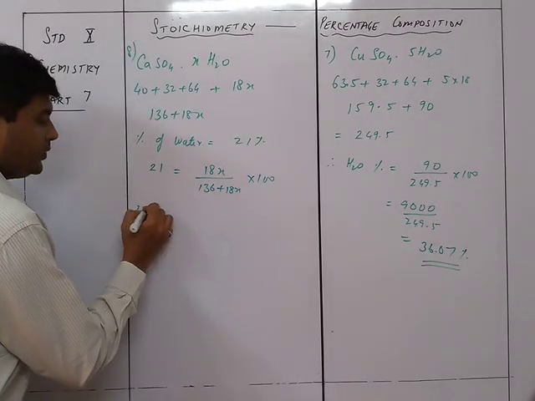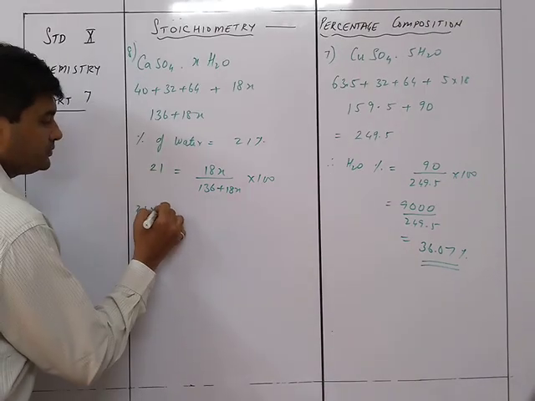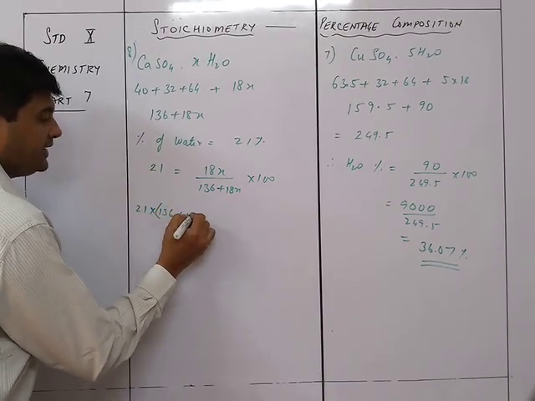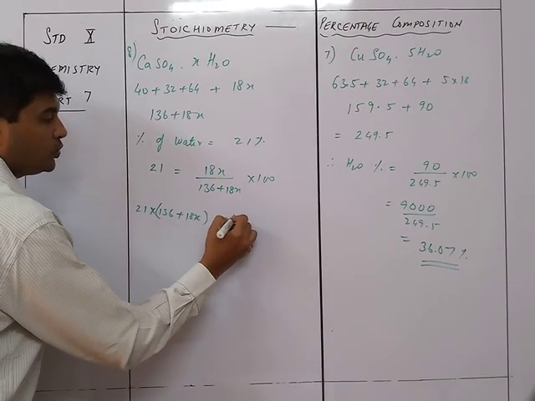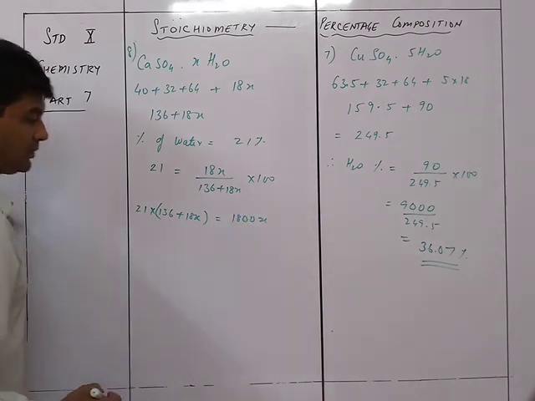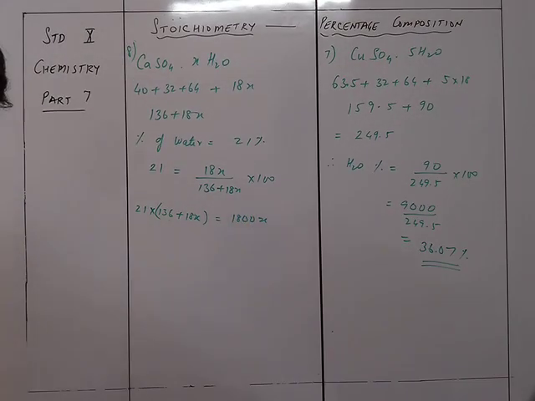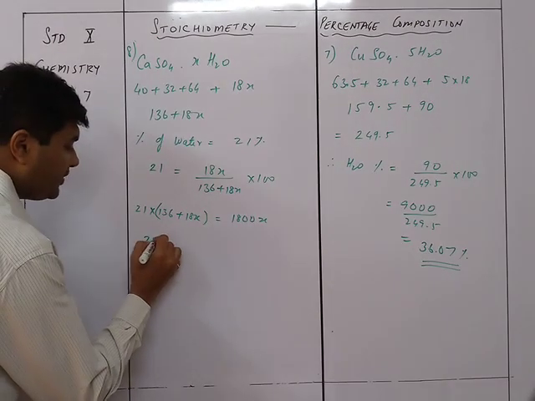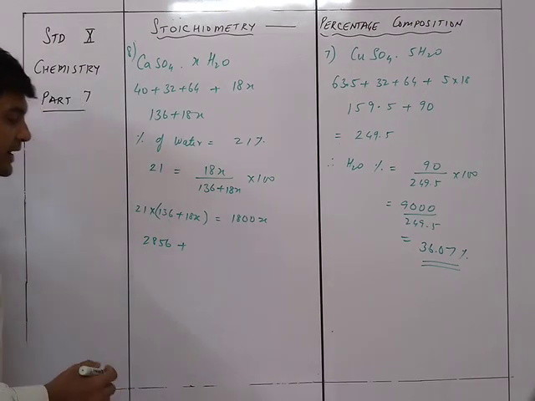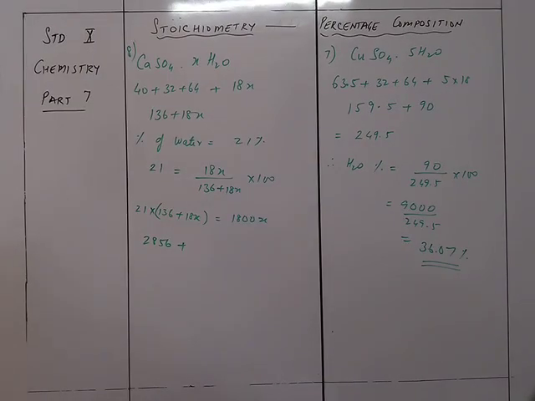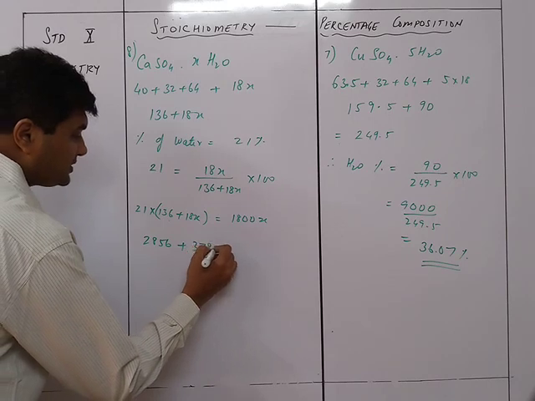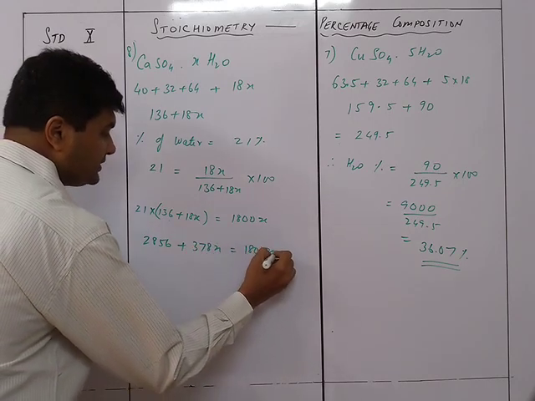So this will be 21 into (136 plus 18x) is equal to 1800x. So 136 into 21 is 2856 plus 18 into 21, which is 378x, is equal to 1800x.